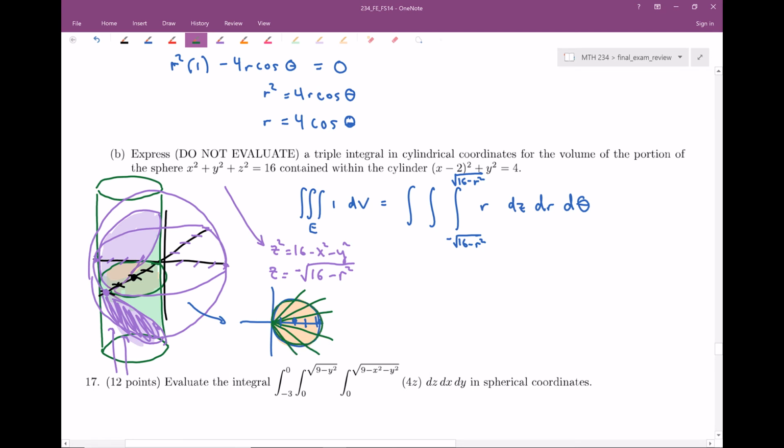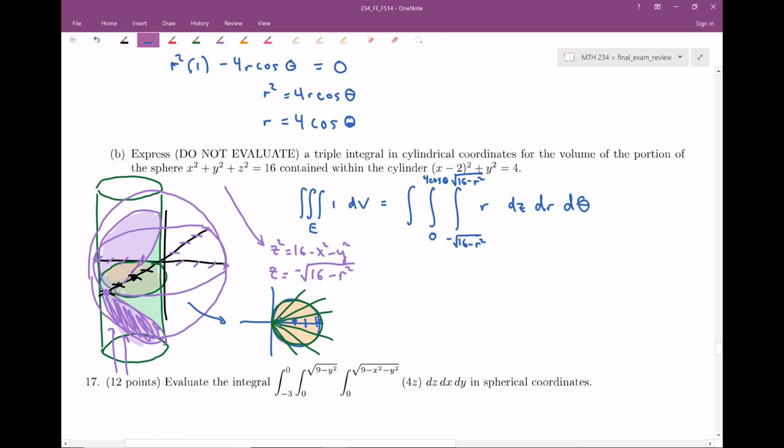So therefore, we should have that the lower limit of integration is 0. As soon as you take the tiniest step off the origin, you're immediately into that region. And then you exit through that circle. And that circle is part A, so we have that circle is r equals 4 cosine theta. So we're going to exit through 4 cosine theta.